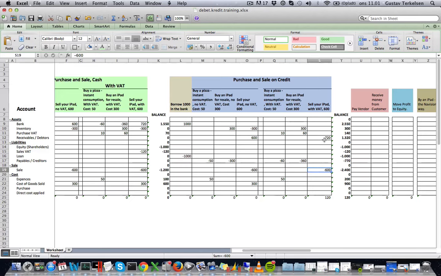So to justify the remaining 120, which are money we are going to receive 720, but only 600 of those are for us. So the remaining 120 we'll have to pay to the tax authorities, and that is a liability, and we'll have to book that in here. So eventually we'll have to pay the tax authorities $120 later on.